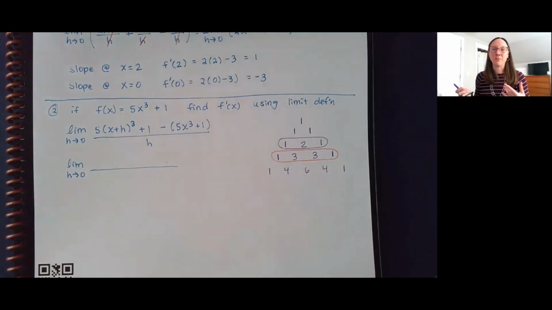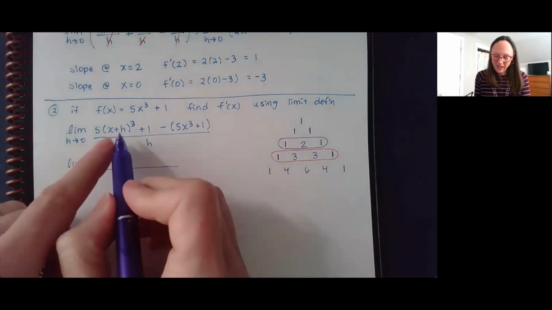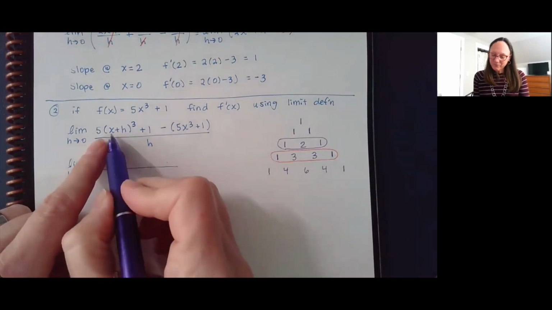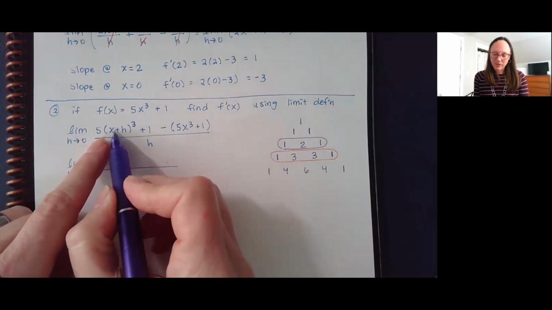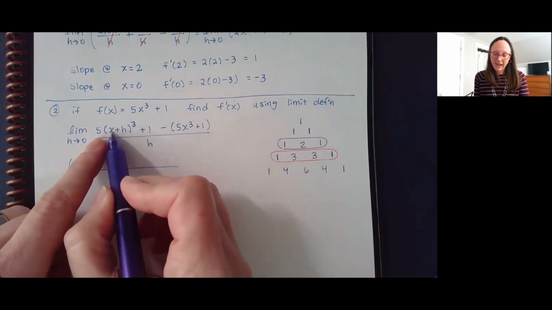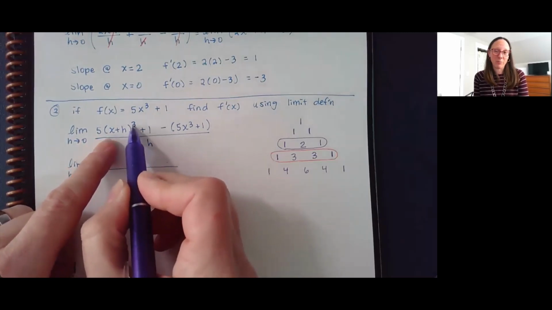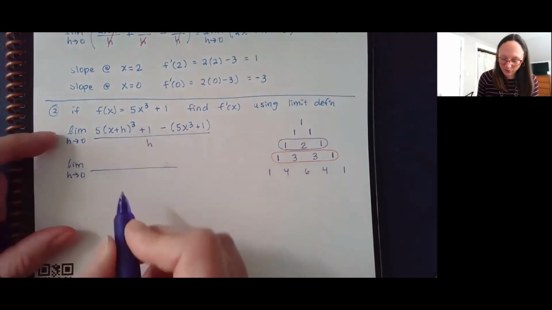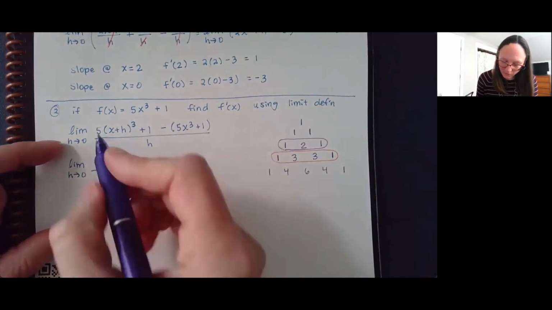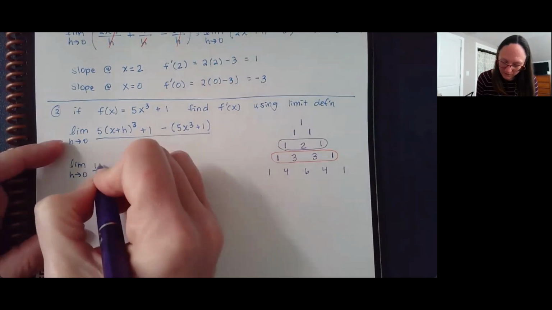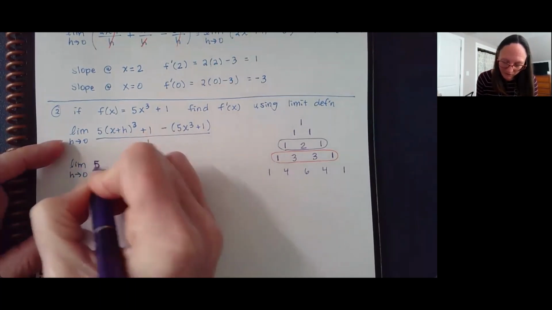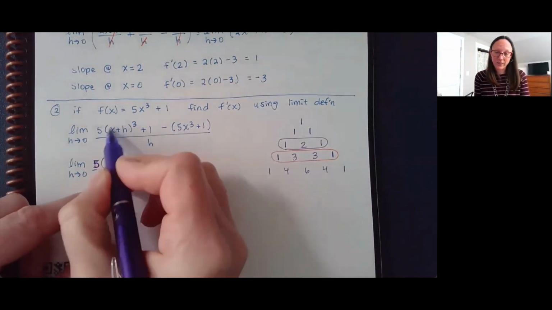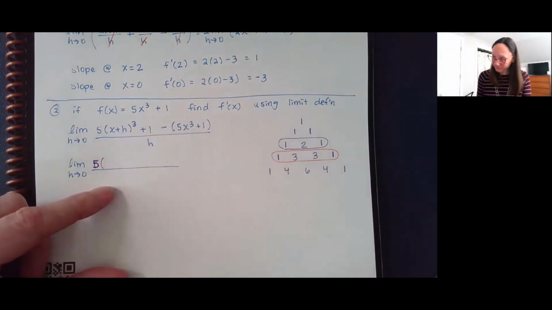Now to get the terms themselves, I'm going to look at the x and the h, and I'm going to start by taking the x to whatever the power is that we're raising the whole term to. So I'm going to grab that coefficient of 1, and I'll have 1. Oh, sorry, I don't want to lose my 5. I'm going to keep my 5 out in front. So now I'm just looking at the x plus h cubed part.